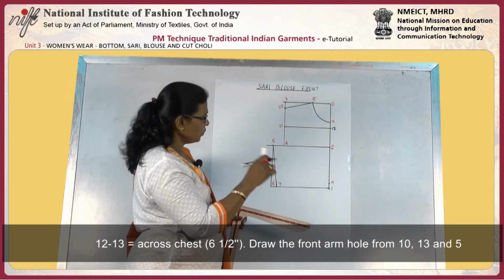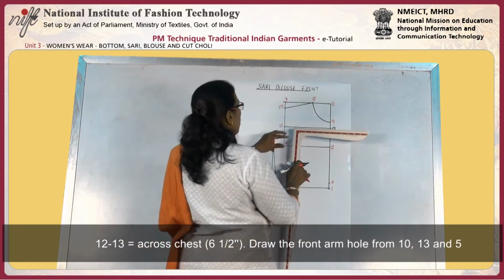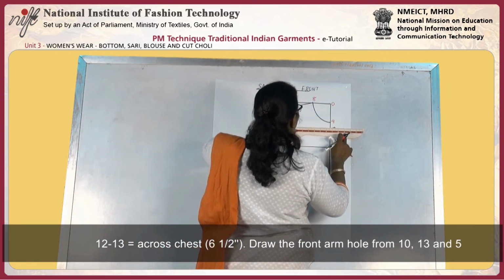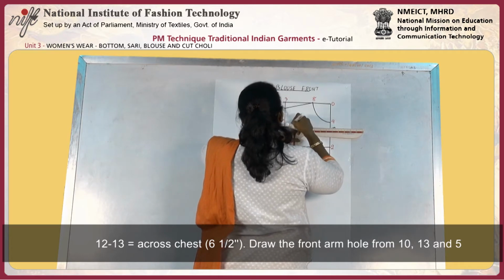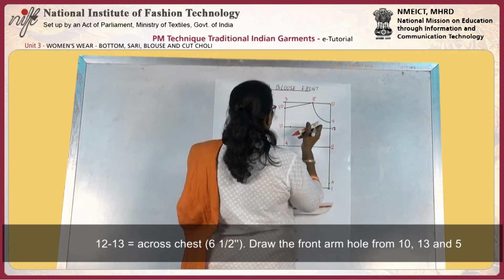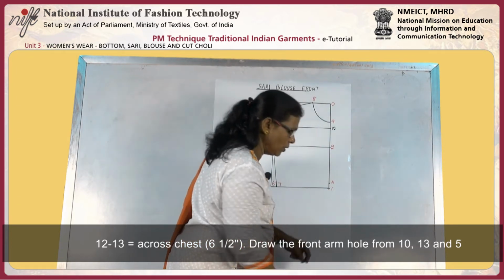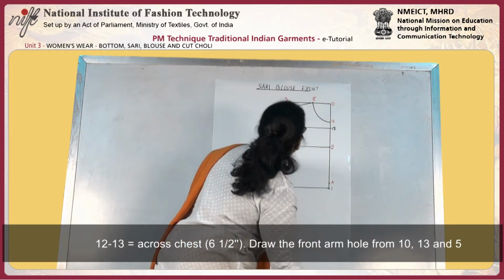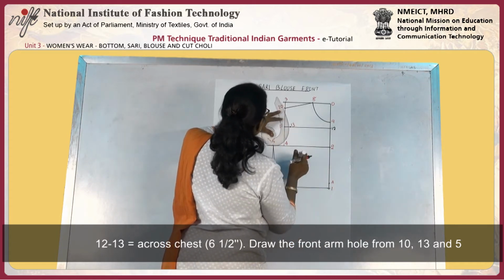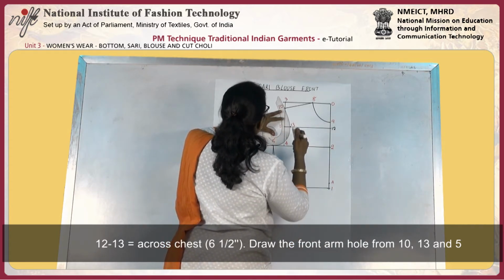Then from 12 to 13 is across front measurement, it is 6.5 inch. And draw the front armhole from 10, 13 and 5.